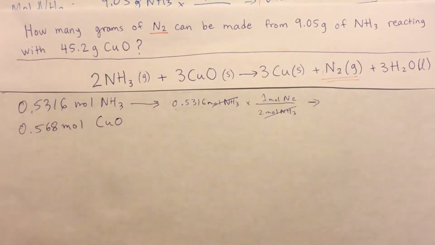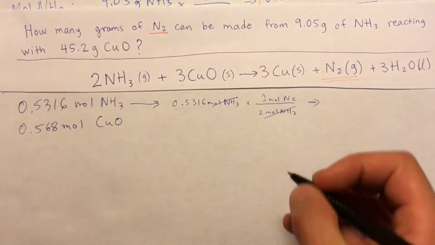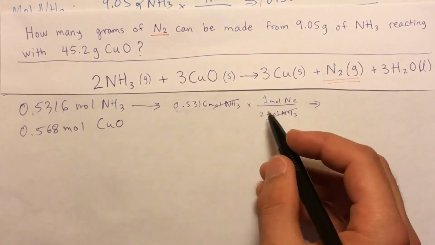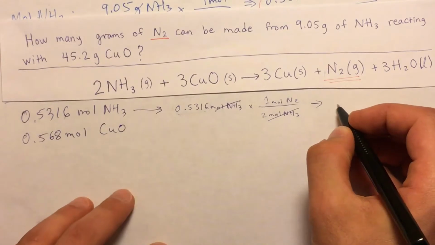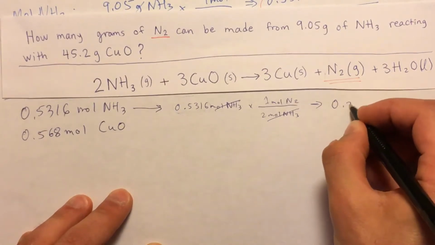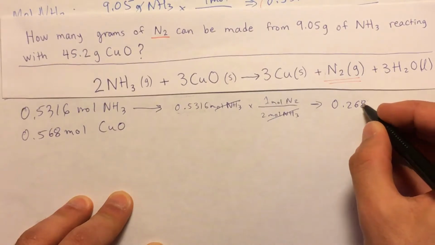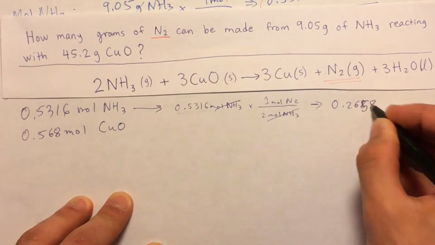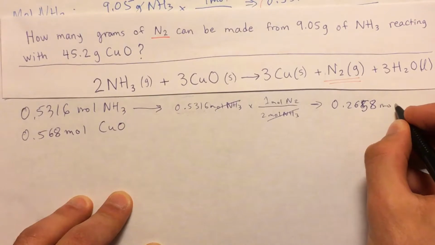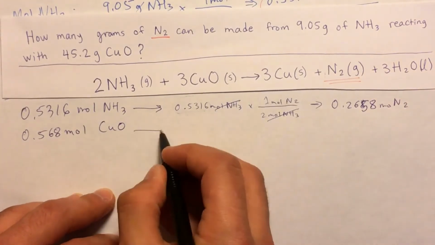Multiplying 0.5316 by a half, you're left with 0.2658 moles of N2.